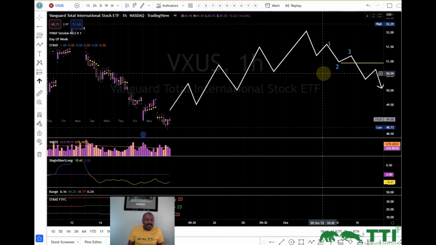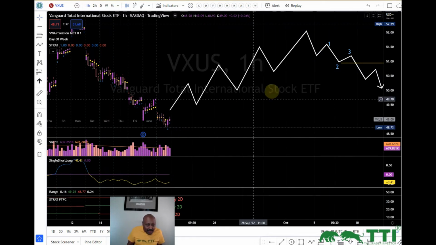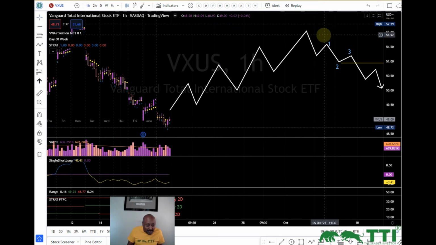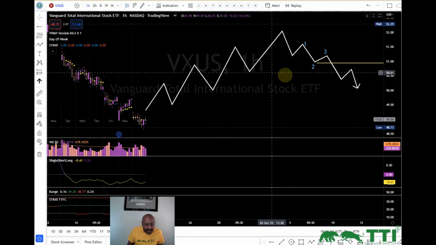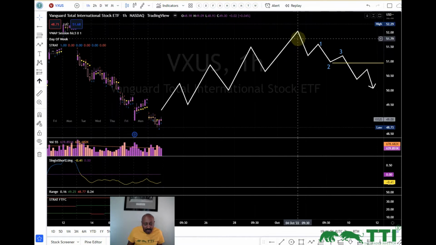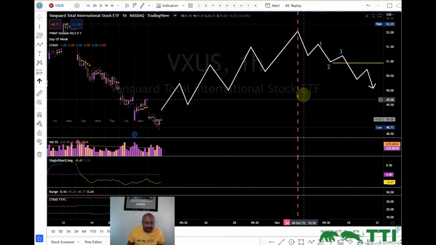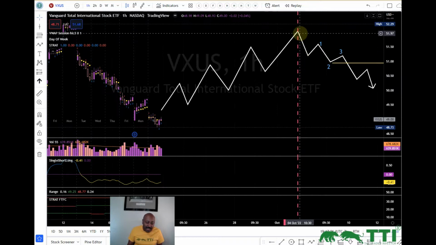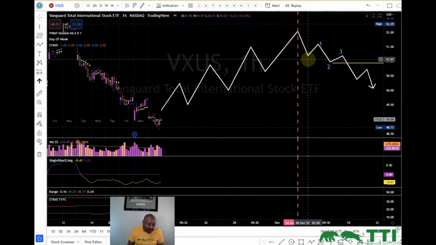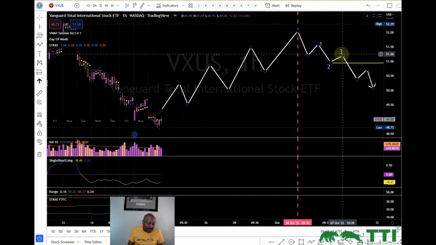The reason why I say this is a continuation: it's a reversal from this move, but if you look from this line, let's just draw a vertical line. If you look from this red line, you have a low, a high, a lower low, a lower high, right?